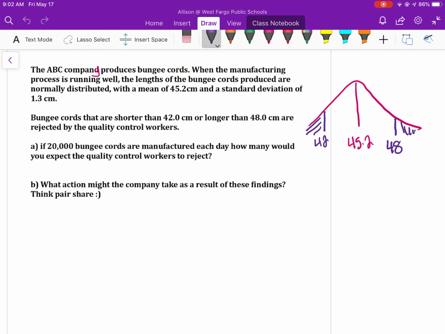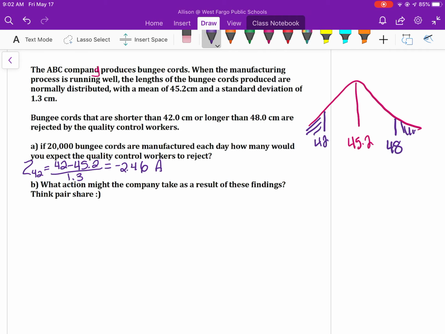So first I'm going to find the z-score for 42 centimeters. So if I find the z-score for 42, I'm going to take 42, subtract the average of 45.2, and divide it by 1.3 standard deviations. I'm going to get negative 2.46.